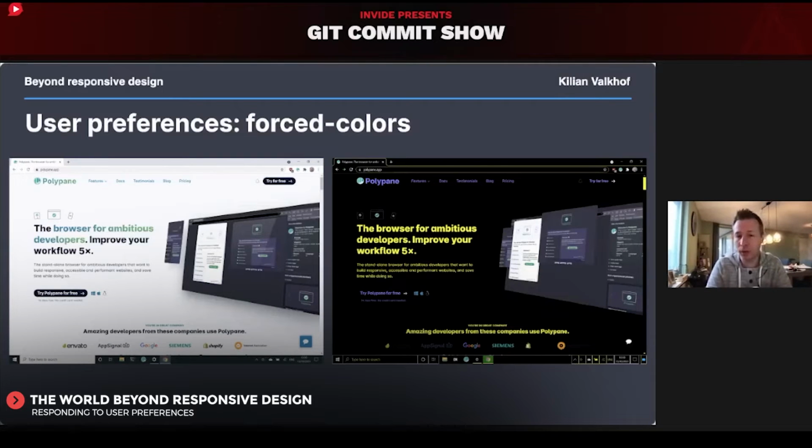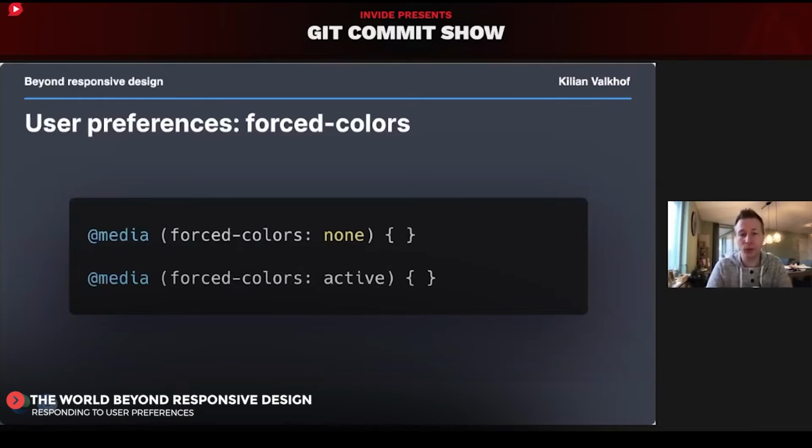This media query also doesn't start with prefers, because your browser has already overwritten all the colors on your site and has made everything uniform with the rest of your operating system. The active keyword will tell you if it's active or not. In addition, your browser will use the background color to determine if the forced color theme is a dark theme or a light theme, and will also make sure that prefers color scheme matches.